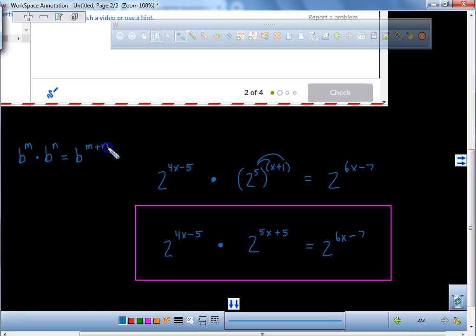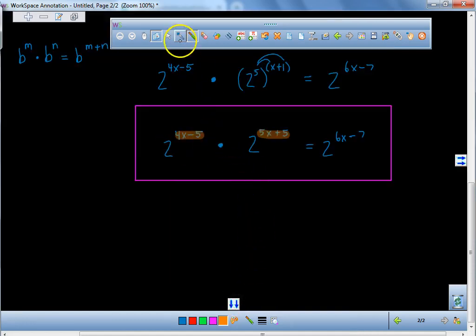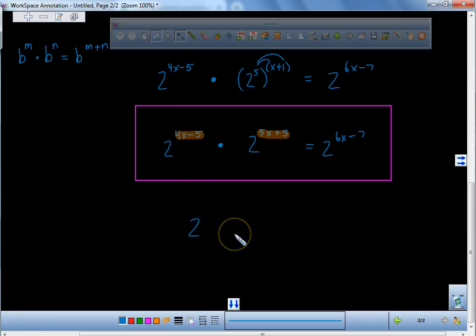Add, yeah, we can add them together. Well, are these the same base right here? Well, guess what we can do with this and this? What do you think we can do? We can add them together. So what is 4x plus 5x? 9x.